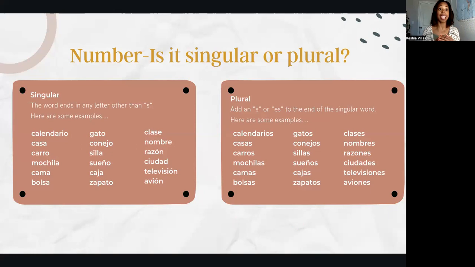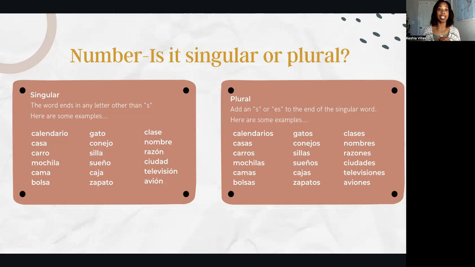Calendario means calendar. Casa means house. Carro, car. Mochila, backpack. Cama, bed. Bolsa, bag. Gato, cat. Conejo, bunny or rabbit. Silla, chair. Sueño, dream.